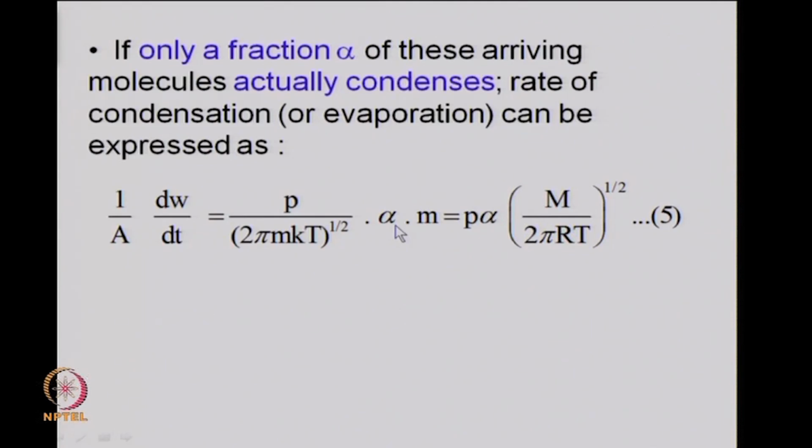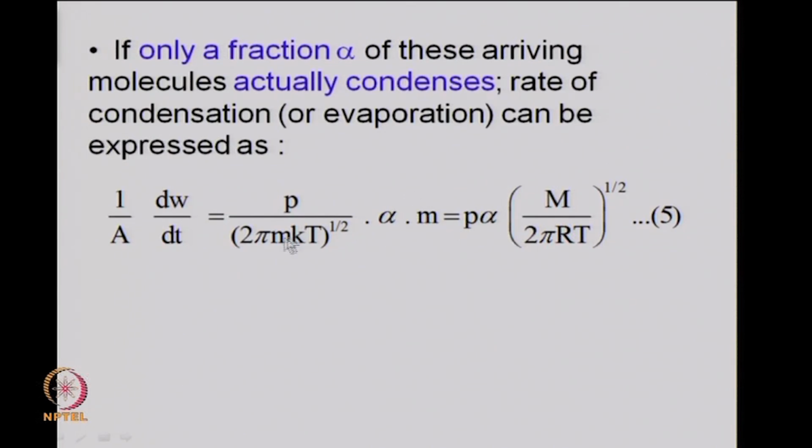Alpha is a small fraction of this, and that number into the mass of each molecule will give you the weight per area per time. So, we could express m in terms of Avogadro's number and rewrite this as follows.